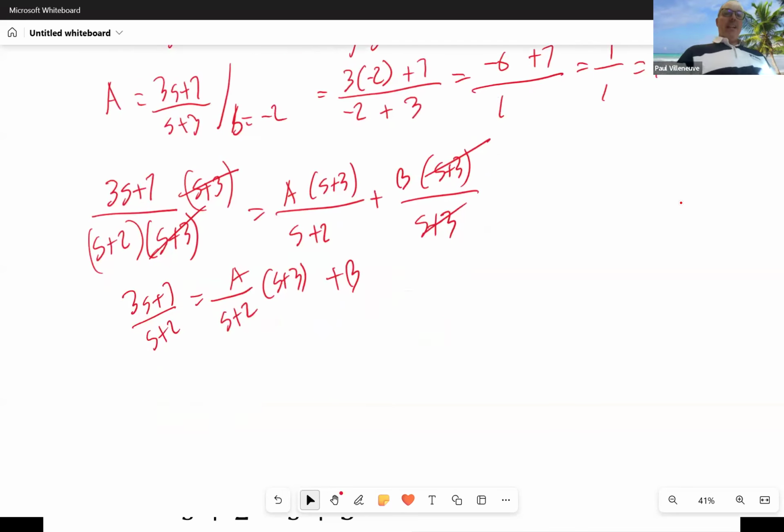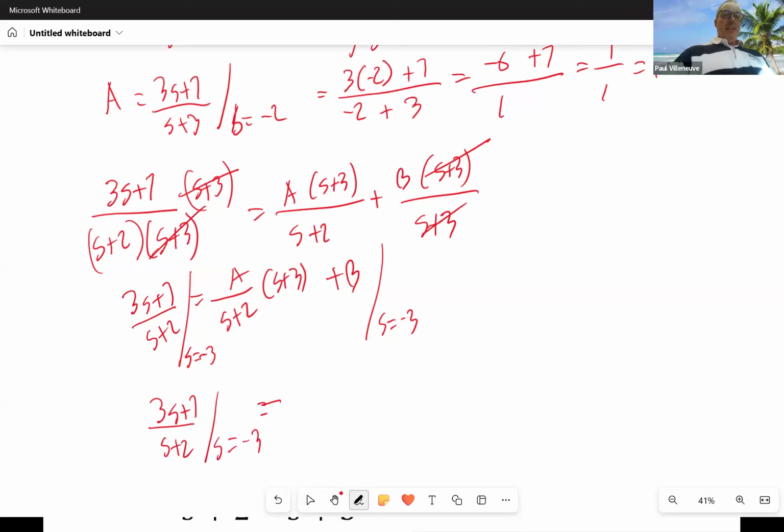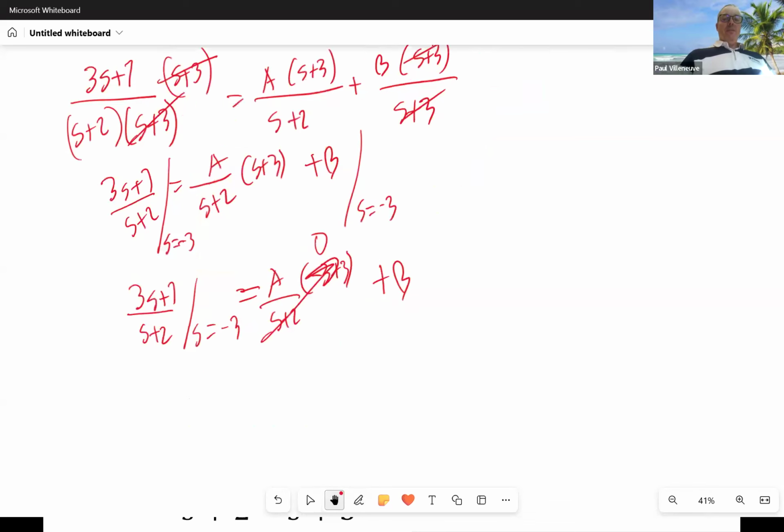-3. So if I evaluate at S equals -3, what I'm left with is 3S plus 7 over S plus 2, evaluated at S equals -3, equals A over S plus 2, times -3 plus 3, plus B. This term goes to 0.